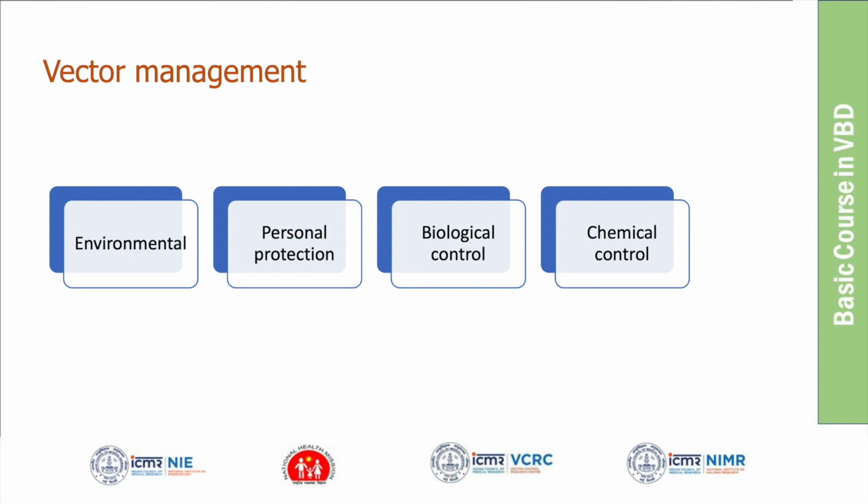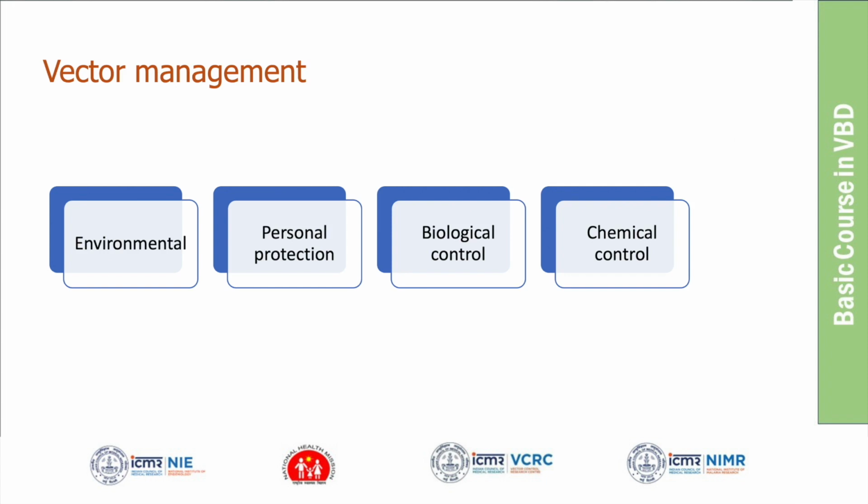Anti-larval measures, fogging to control adult mosquitoes, personal protection like full-sleeve clothes or mosquito repellents, and screening the houses using mosquito nets. And biological control, like using fish such as Gambusia, we can control the mosquito larvae.